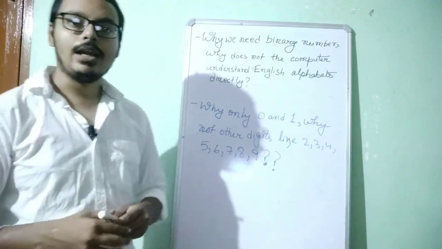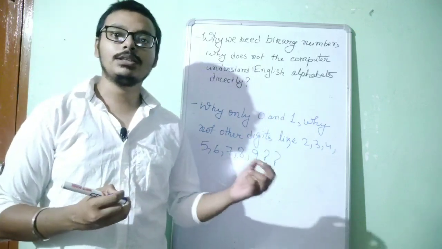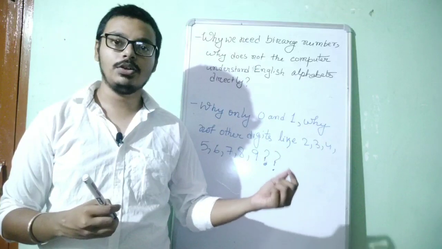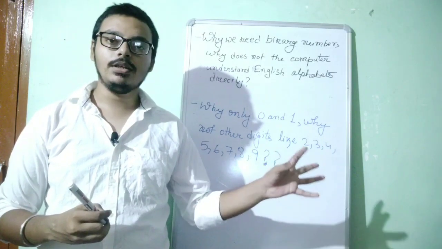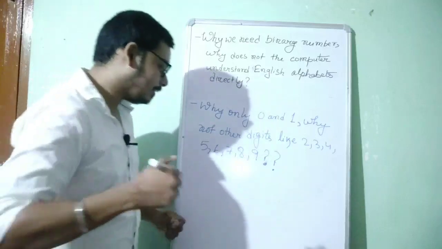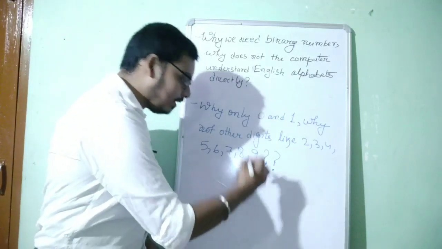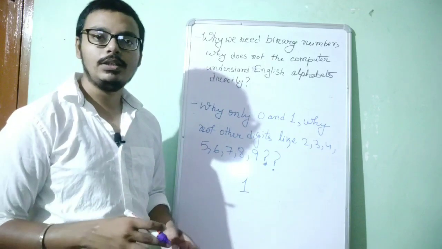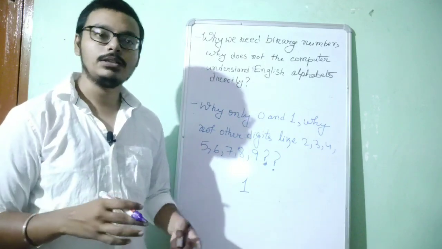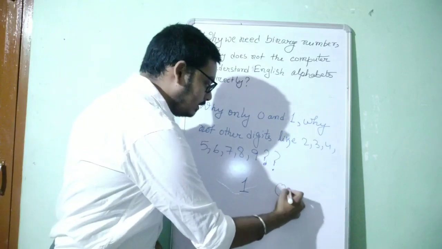So if you allow the electric signal to pass to the transistor, then we represent that as 1, and if we don't allow the electric signal to pass, then we represent it as 0.